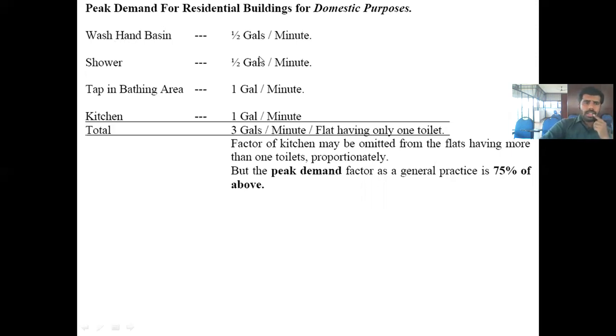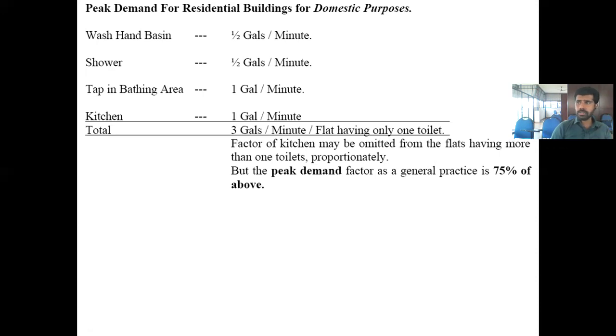In some cases, if it is a rain shower, rain shower means you need lots of water, so it can have almost 7 liter per minute. It will go even up to 15 liter per minute.